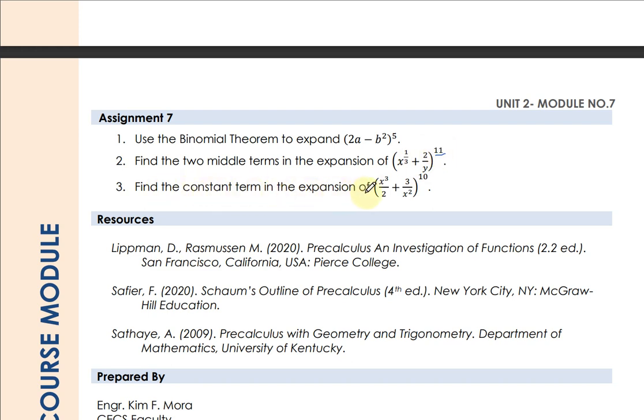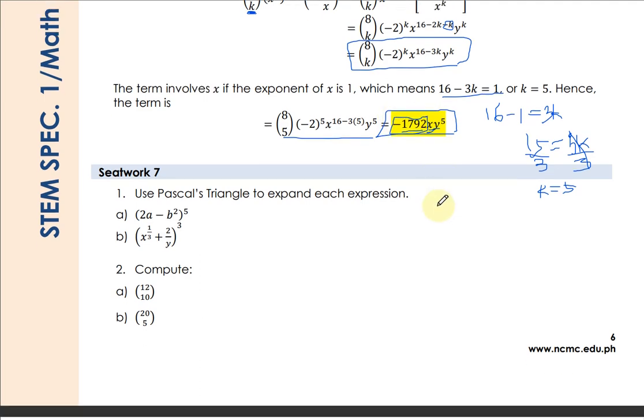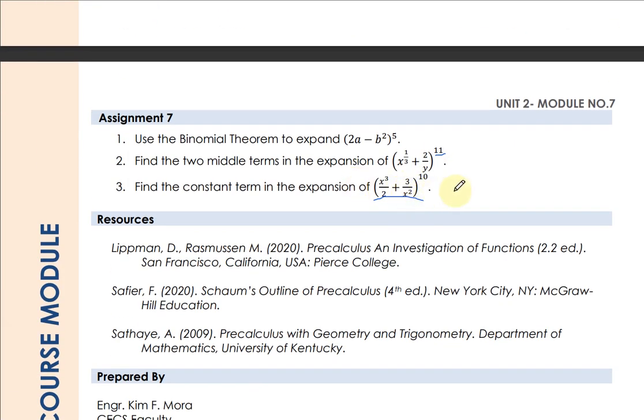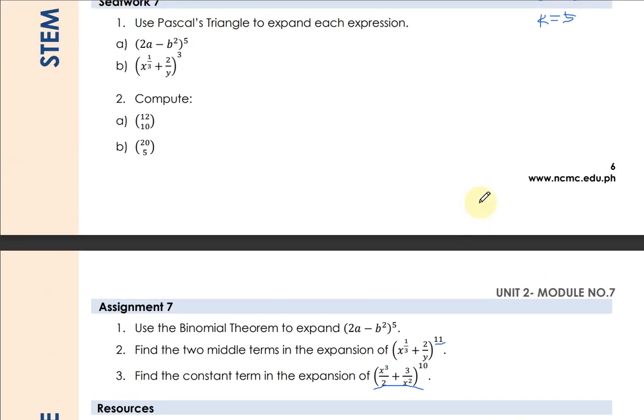Then for this one is find the constant term in this expression. So a term that has a kaning constant lang nga value. So unsa na siya nga constant or term ang answer ani. So deadline for the seat work and assignment will be posted on Creeper. So that's all. Thank you for listening.